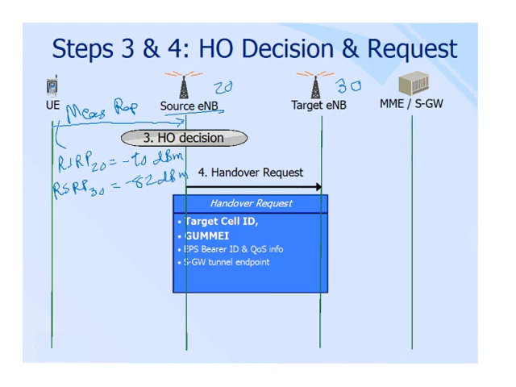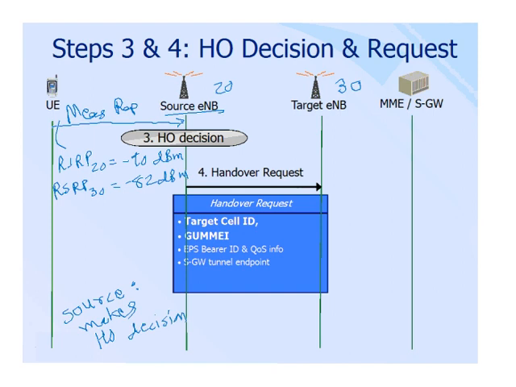So our source E node B has the handover algorithm, and it will make a handover decision. Always remember that the philosophy of LTE is the source makes the handover decision. Keep that in mind always. Source makes the decision.